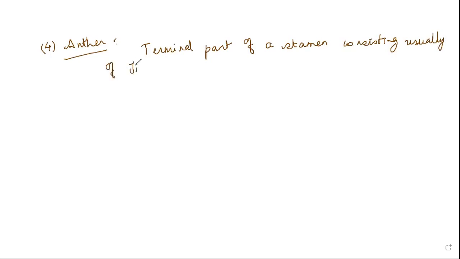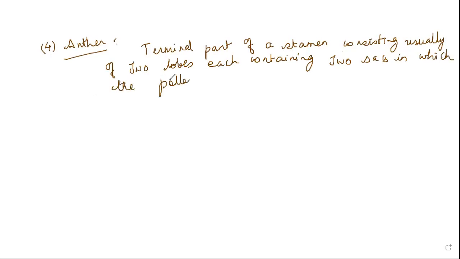It is the terminal part of a stamen consisting usually of two lobes, each containing two sacs in which the pollen matures. This is anther.